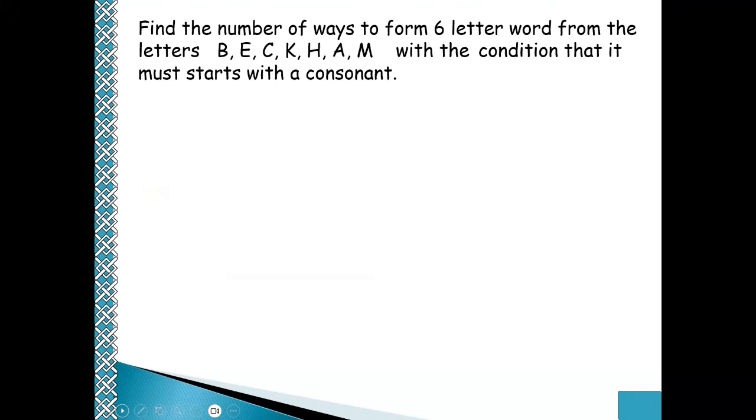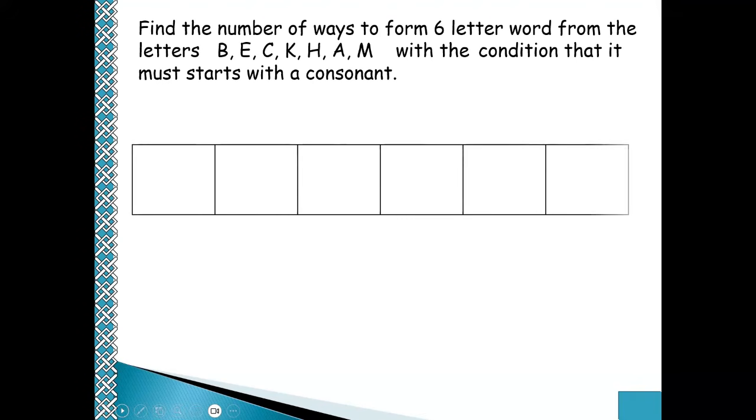Okay, so next question, all of you just write it. You need not multiply it. First place, what option do you have? So first identify the consonants. How many consonants? 5 consonants. What are they?